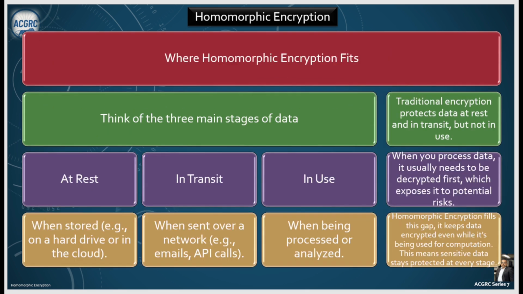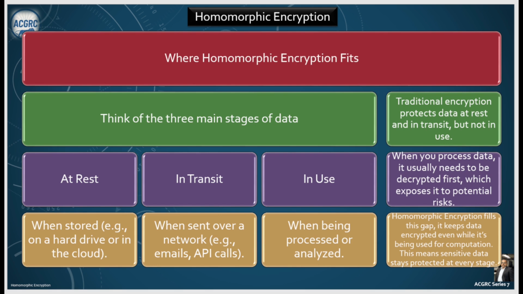Think of the three main stages of data. At rest, that's when the data is stored, could be in a hard drive or in the cloud, etc. Or in transit, when it is sent over a network, could be your email or API calls, etc. Or in use, when you're processing it or analyzing it.